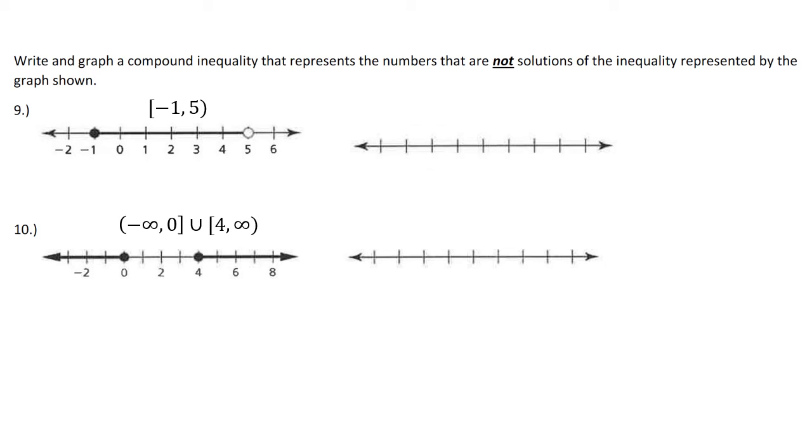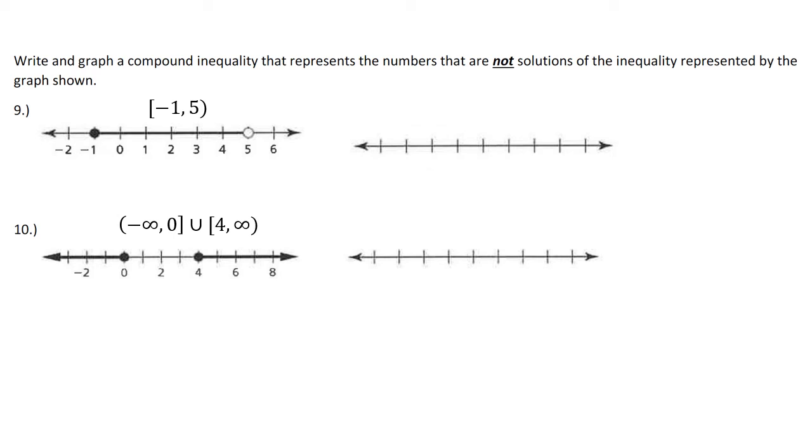So we fill in the -1 and we keep the 5 as an open circle. That's equivalent to, in interval notation, a bracketed -1 and the parenthesis with the 5. Similarly down in 10, from negative infinity all the way up to and including 0 gives us the open parenthesis in front of the negative infinity and the bracket with the 0.